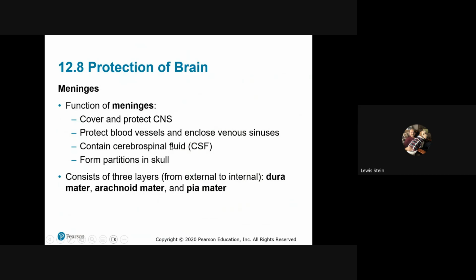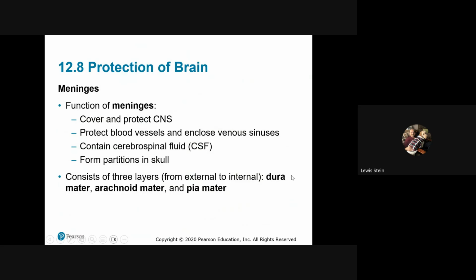You didn't see them because most of the time Dr. Robbins doesn't have the ones with the dura with the meningeal layers on them. The cerebrospinal fluid is in there, and it creates the divisions in the skull. It has thickened areas that separate, let's say, the right side from the left side, and the juncture between the cerebellum and the cerebral area.